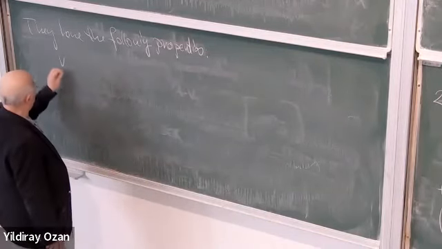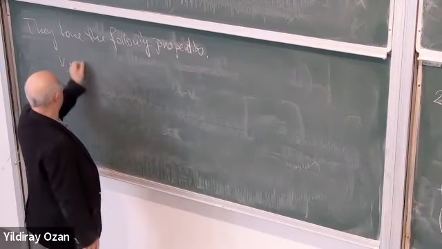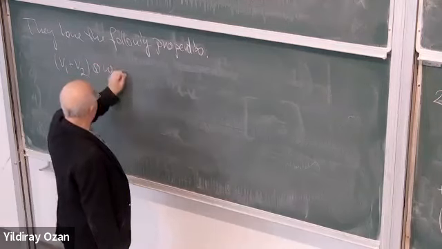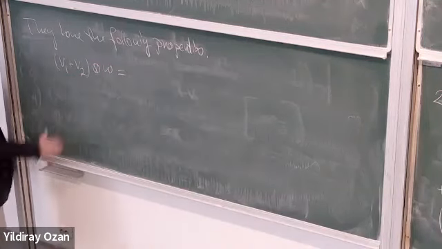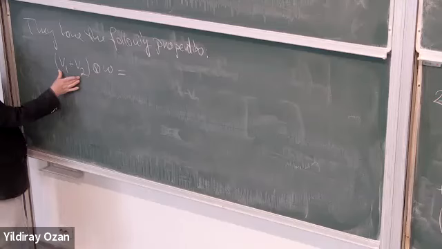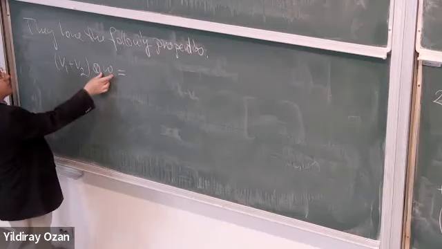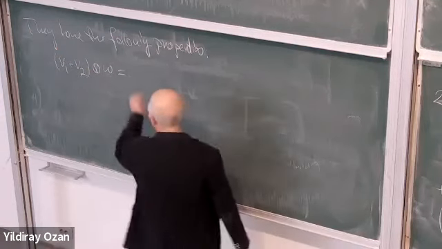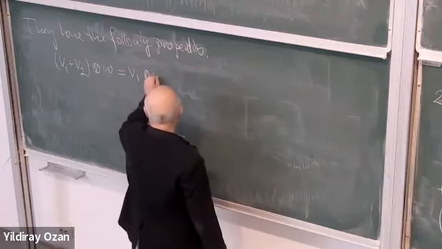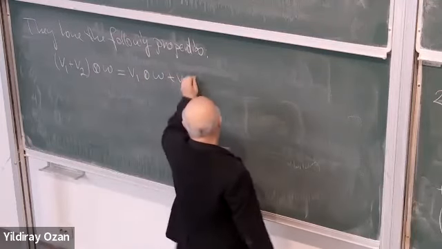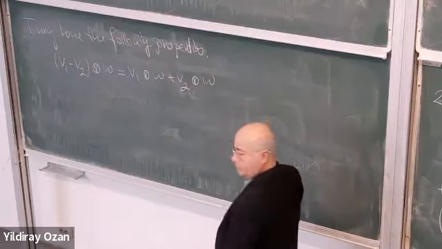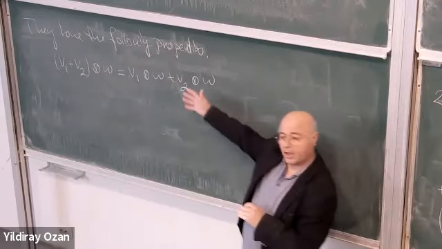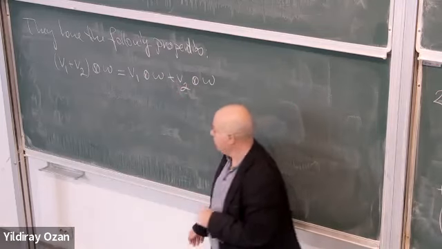Anything like this, let's say (V1 plus V2) tensor W. So here, if I have a sum of two vectors and take the tensor product with a vector in W, then this is considered to be the same as V1 tensor W plus V2 tensor W. So we assume this. These are formal objects satisfying this rule.